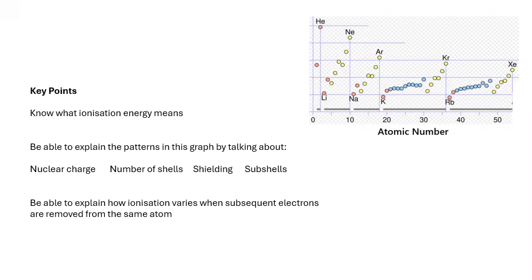And then the effect of subshells as well. What evidence from this graph is there of subshells, that each shell is made up of different subshells? Be able to explain how ionization varies when subsequent electrons are removed. In other words, for the first electron, then the second, then the third electron. If you're given the data, be able to explain that data.